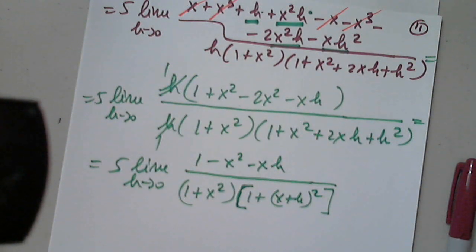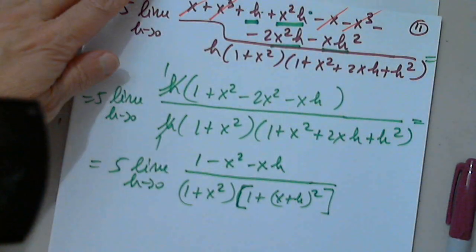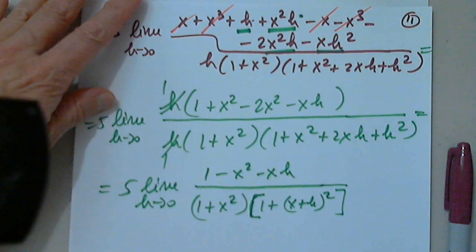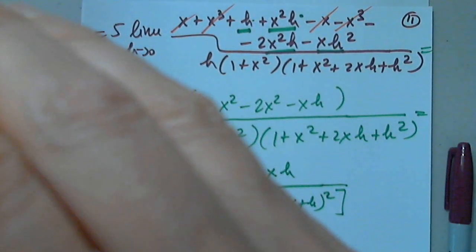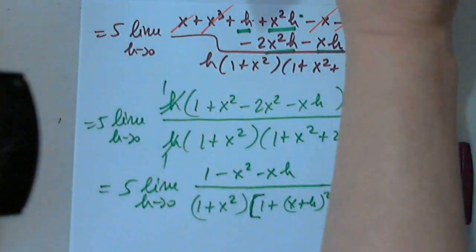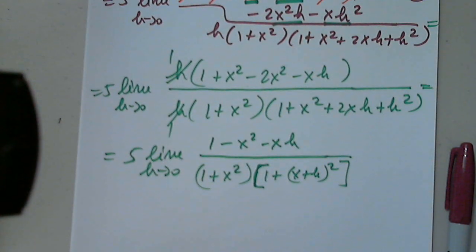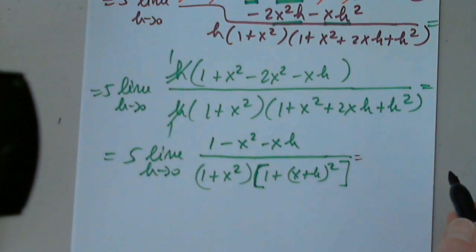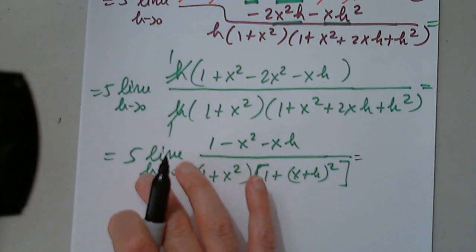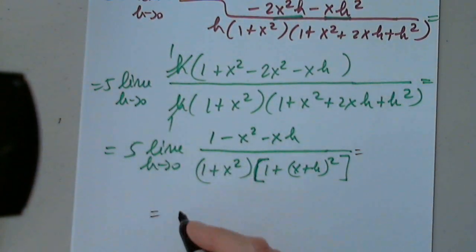Perfect. So then, what is the next step? Plug in 0 where h is. Perfect. So let's find the limit. Now the limit operator goes away. Don't forget the 5 in front.